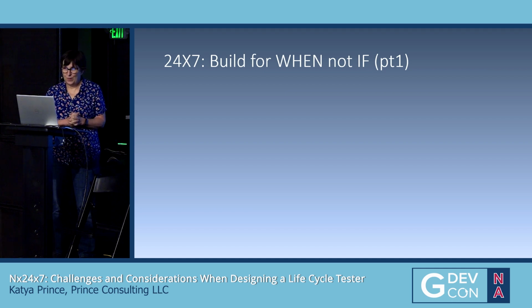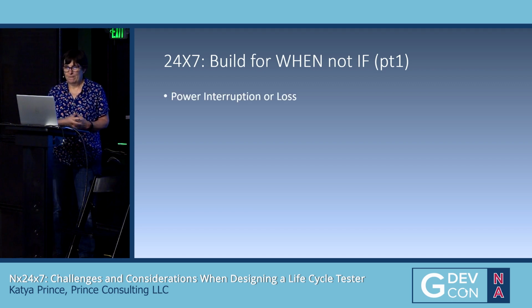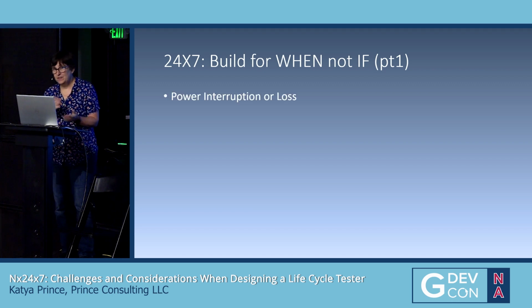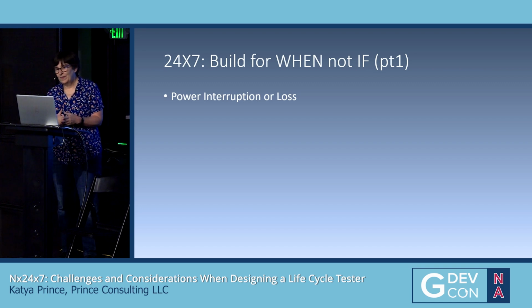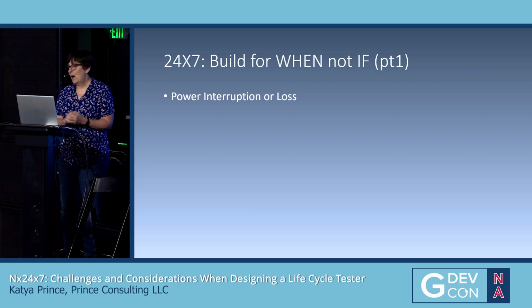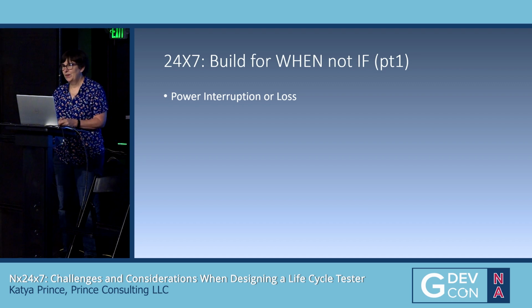Key to something that's running all the time is that you need to build for the whens, not the ifs. Anything that you think might happen will happen, and you need to consider it. Probably the easiest one that happens most often and is easiest to fix is power interruption. I live in North Carolina, and in the summertime we have thunderstorms, and in the wintertime we have ice storms.